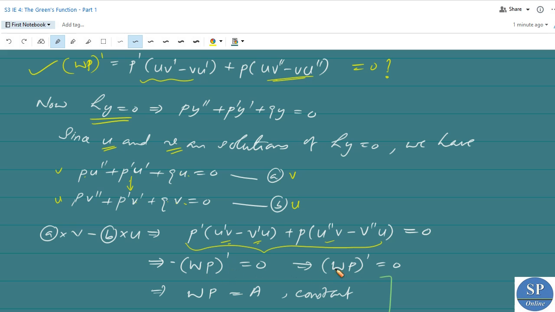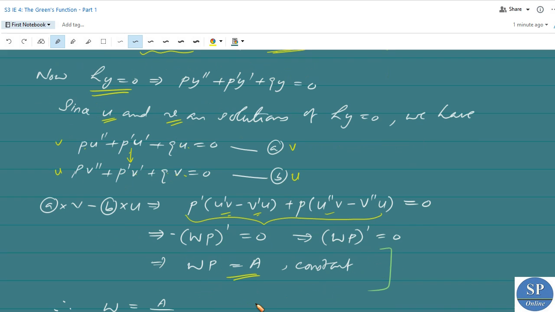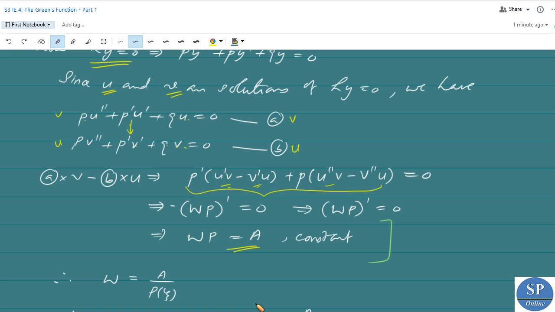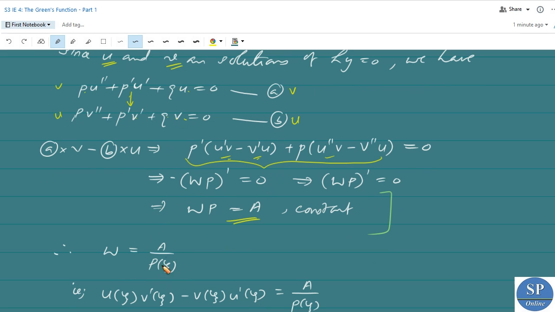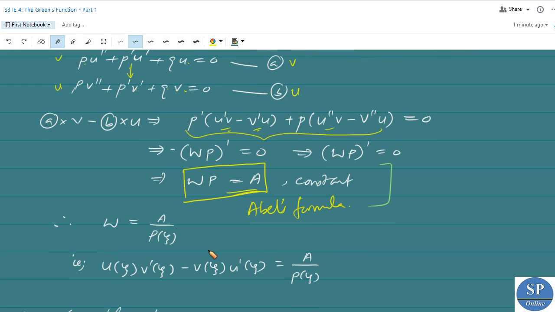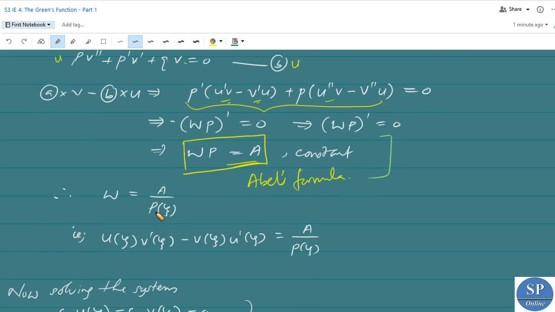So we have (W p)' equal to 0, which means W p is a constant, which we can choose as A. So W equals A divided by p. This constant is actually Abel's formula.